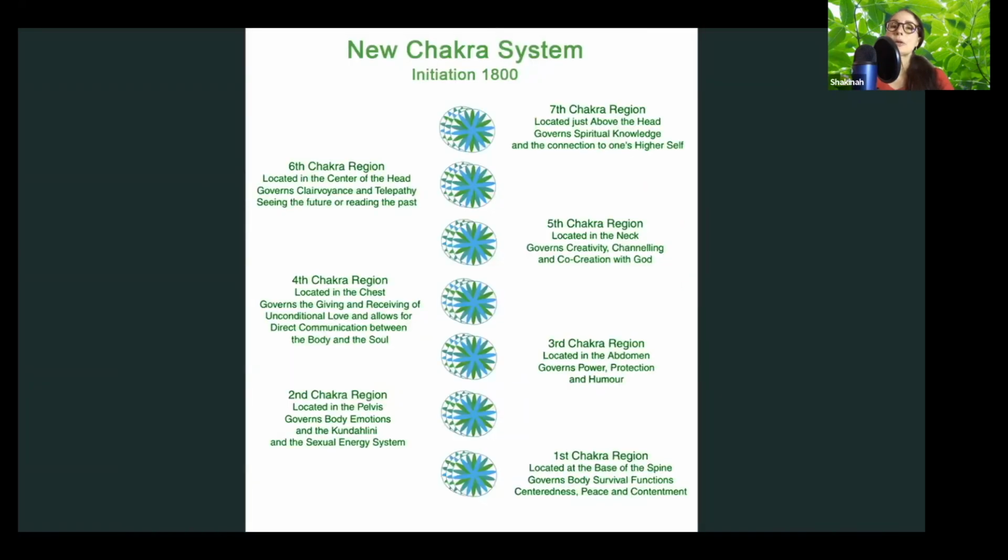This is the new chakra system at initiation 1800. During ascension, it's very important that we understand what's going on with our energetic system, our chakras, our body. And each of these sections explain clearly what's happening.